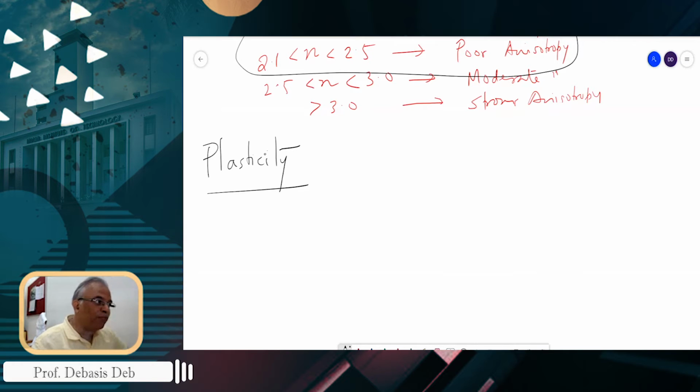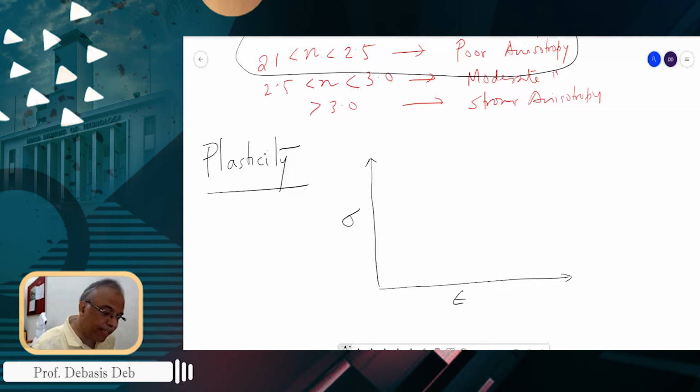Now I showed you there are 4 different ways it can fall. Now I am going to take the example of ductility. So this is, let's say, again a sigma versus epsilon curve in one dimension.